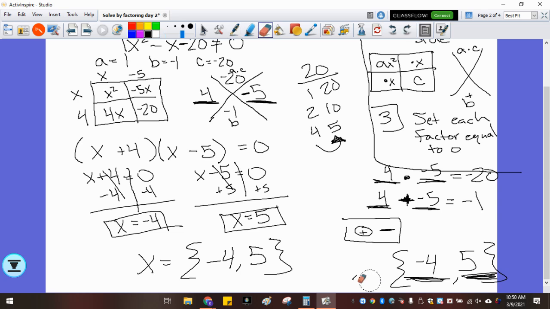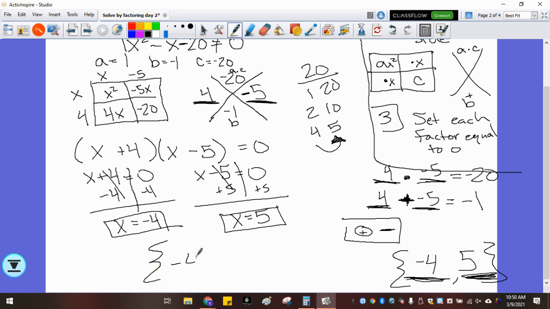Oh, it doesn't have x equals. So we just want to write it like negative 4.